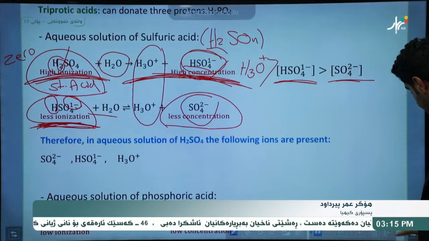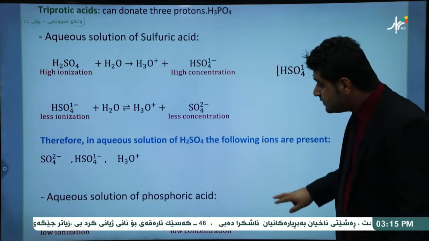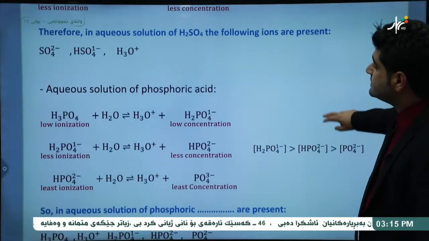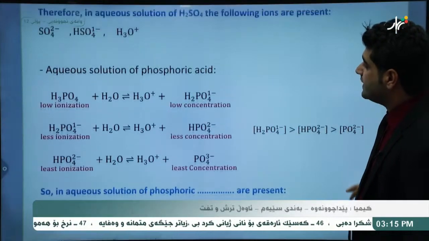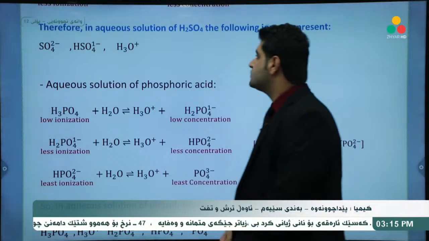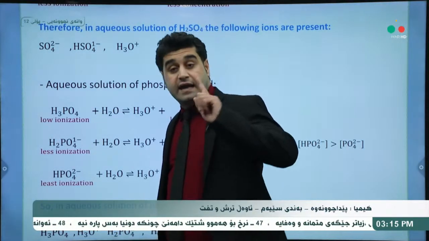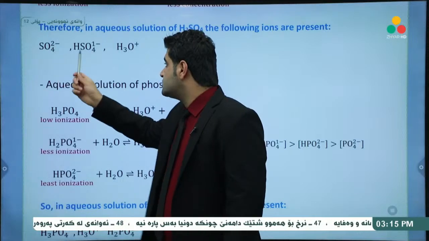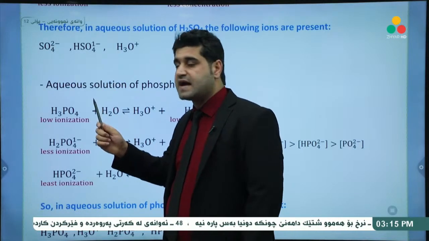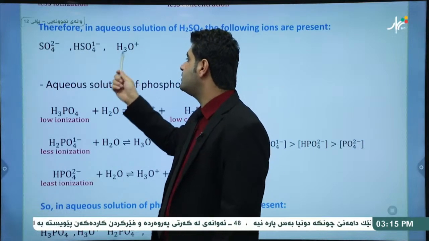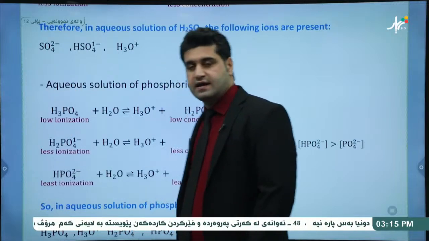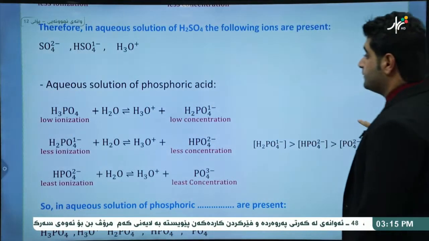Just like that, we can write the ionization reaction for the polyprotic acids. Therefore, in the aqueous solution of H2SO4, we get the following ions: SO4, HSO4, H3O. H3O has the maximum concentration, and after that HSO4, and after that SO4.